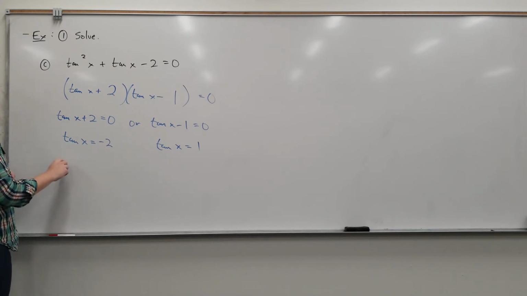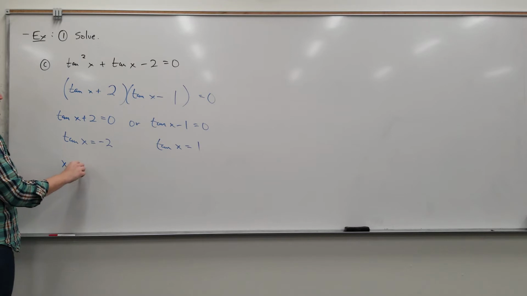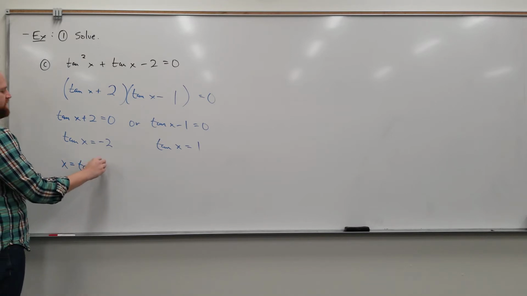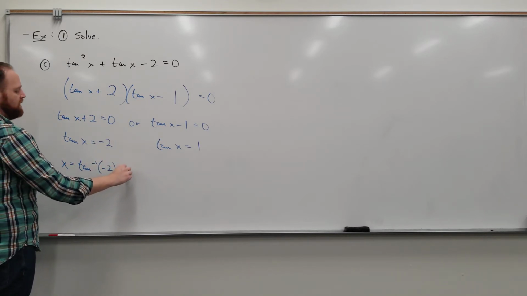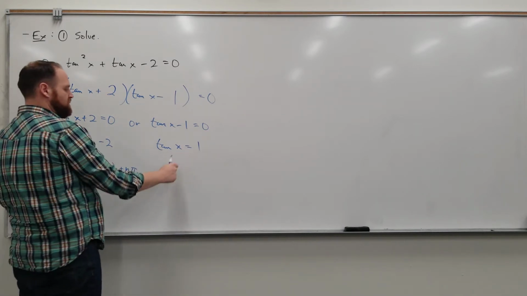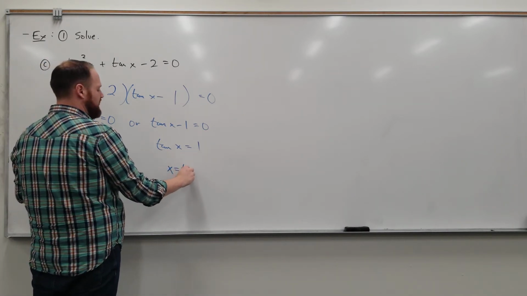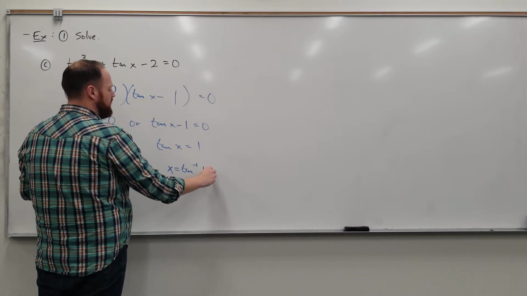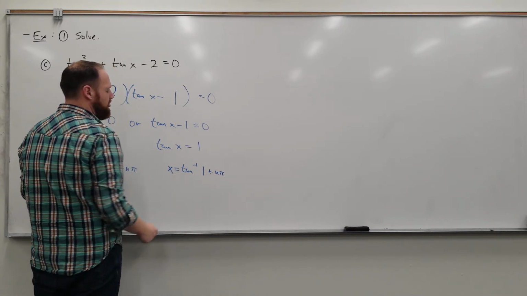This one is going to mean that x is tangent inverse of negative 2 plus n pi. This one is going to mean that x is tangent inverse of 1 plus n pi.